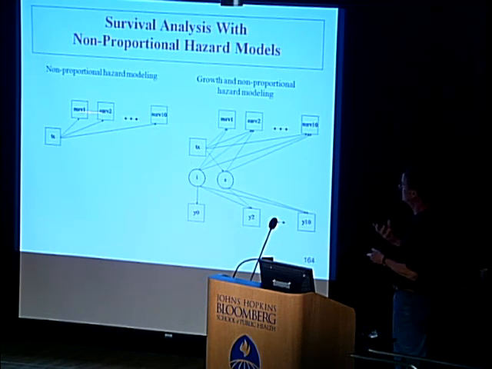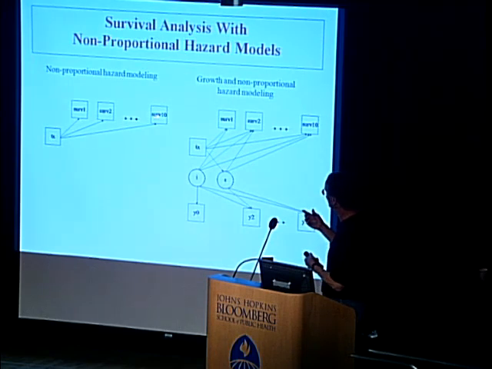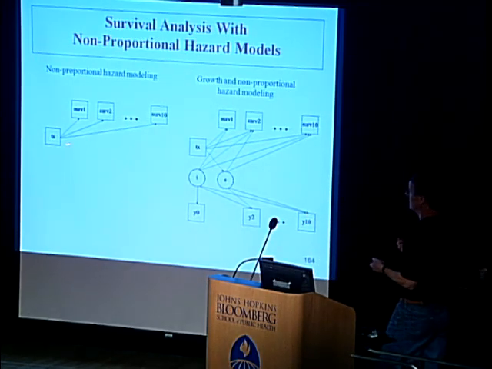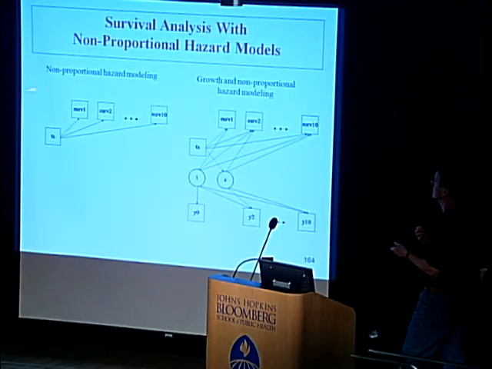I've illustrated with 10 time segments here, where X, in this case the drug compared to a placebo, is allowed to influence survival differently across time. So that's a non-proportionality. You split up the survival variable into 10 parts here, and you allow treatment, the X variable, to have different influence on those different parts.